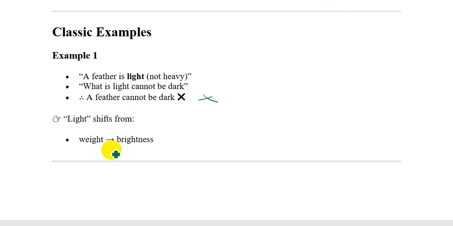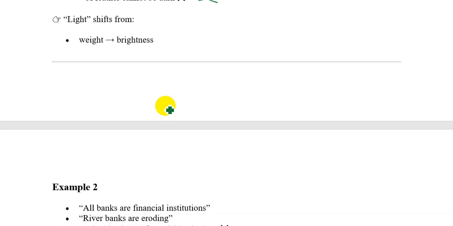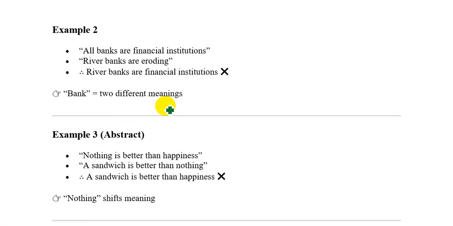Light shifts from weight to brightness. Here, light means weight, and in the second, minor premise, it means bright. So, a feather is light. What is light cannot be dark. A feather cannot be dark. Another example: all banks are financial institutions.